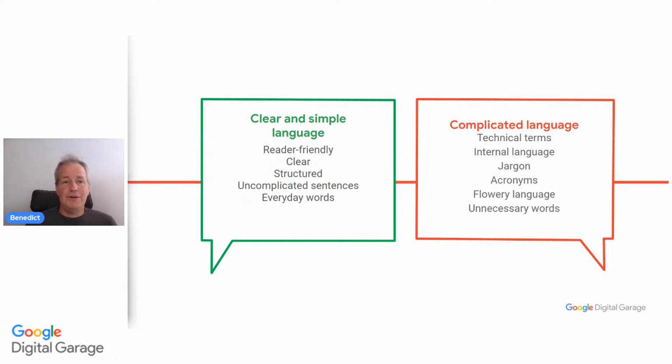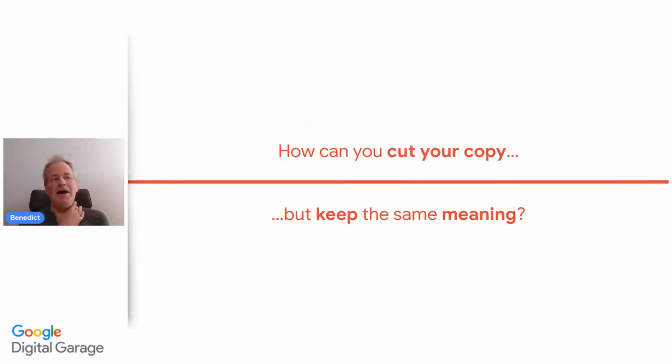Flowery language, beautiful flowery language, and then they think, what is this? Am I reading a novel here, or is this something to help me? Unnecessary words, it's just cutting it down. Otherwise, people get started and like, oh my goodness, and then move on. So, how can you cut your copy but keep the same meaning? This is very important. You've got to have that meaning there, but you're cutting your copy.